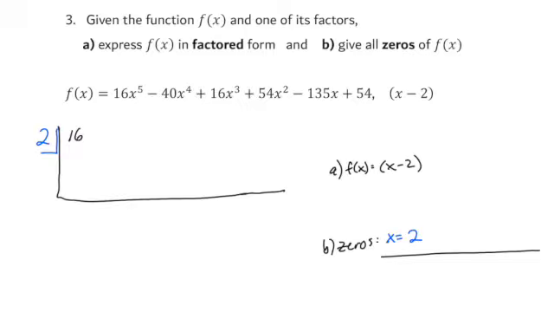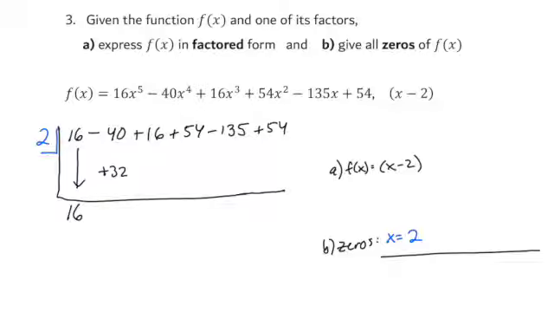So there we go. 16x to the 5th minus 40x to the 4th plus 16x cubed plus 54x squared minus 135x plus 54 on the end. Bring down that leading coefficient as the first part of your quotient, and then 16 times 2 is positive 32, negative 40 and 32 is negative 8, negative 8 times 2 is negative 16.